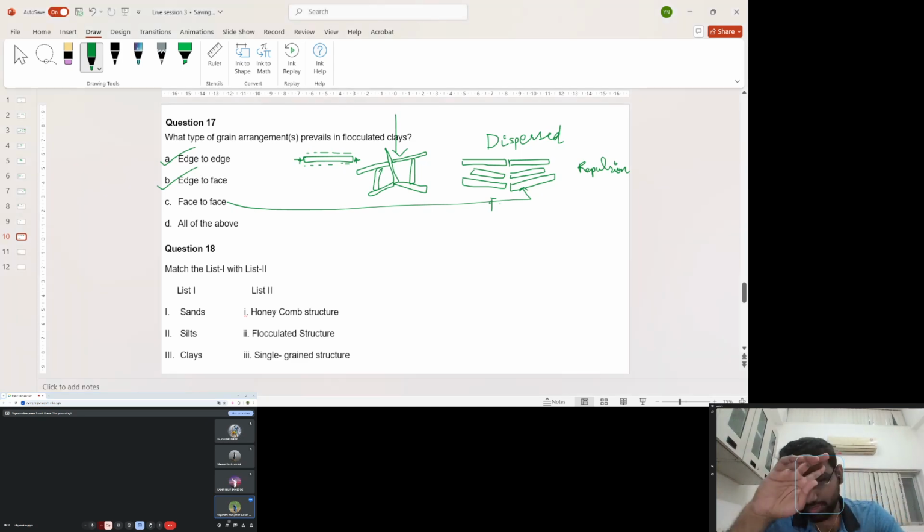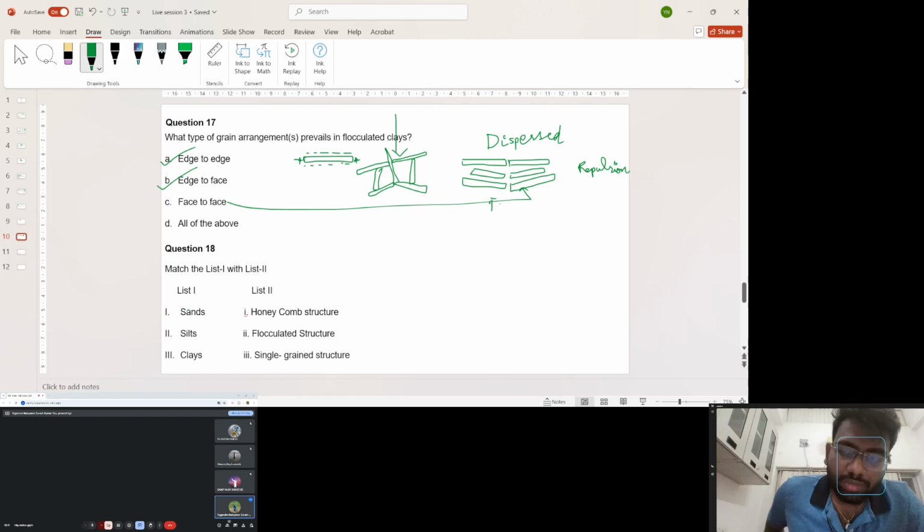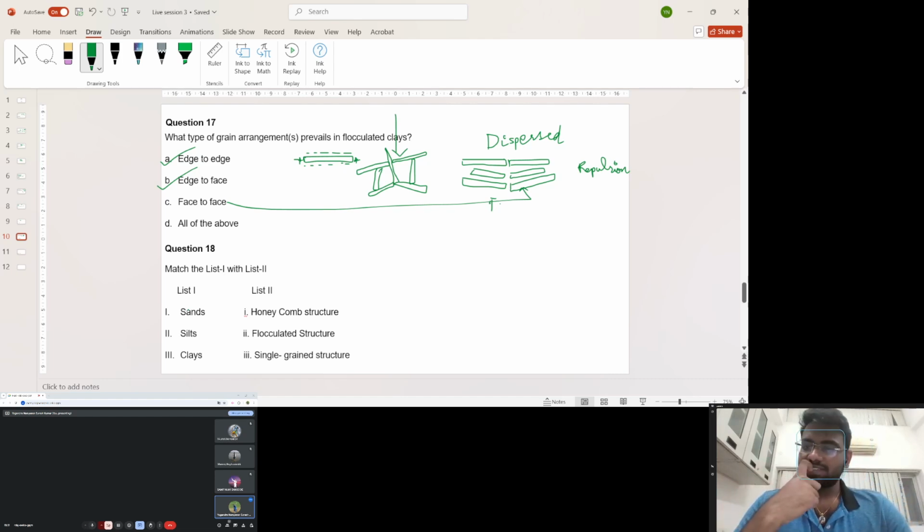Now moving to the next question. Match list 1 with list 2. The left column specifies the type of soil and the corresponding structures which they predominantly exist in. So match the following.